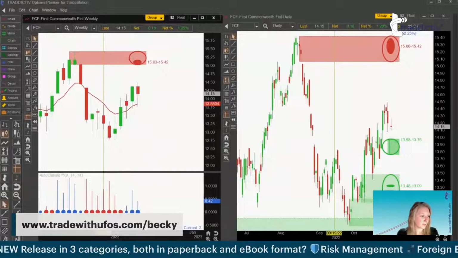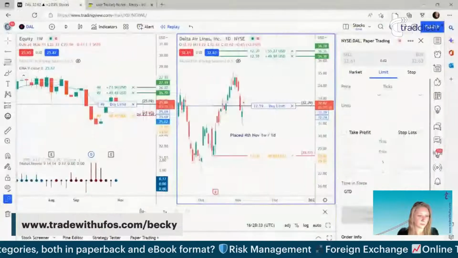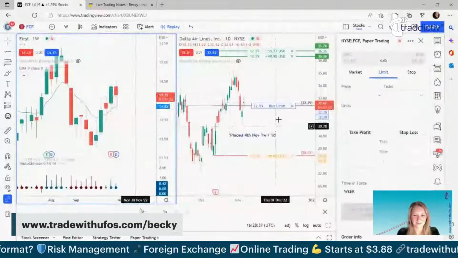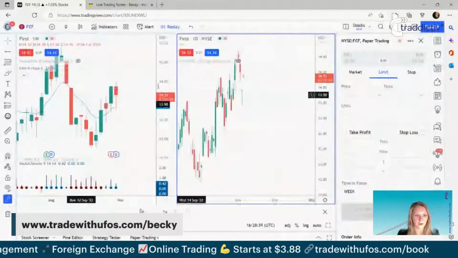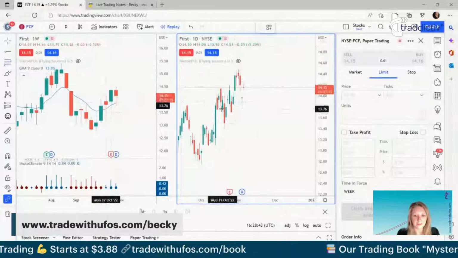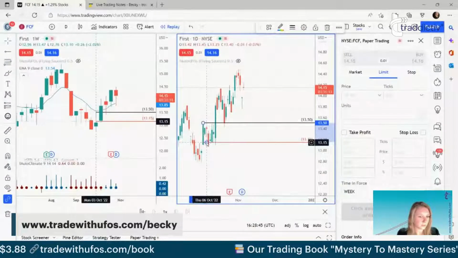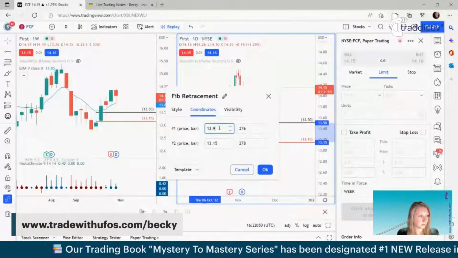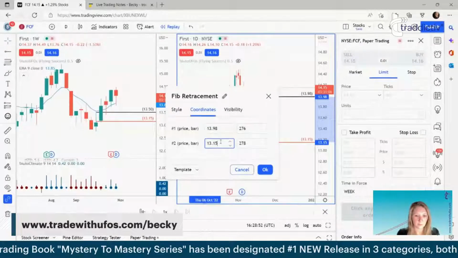The further price has to move to be profitable for us as a trade, the less likely that is to happen, right? Price only has to move a small way in our favor for us to get out at a profit, then the better. But of course, in order for us to get a bigger profit, we want to, so it's 13.8 to 13.66.